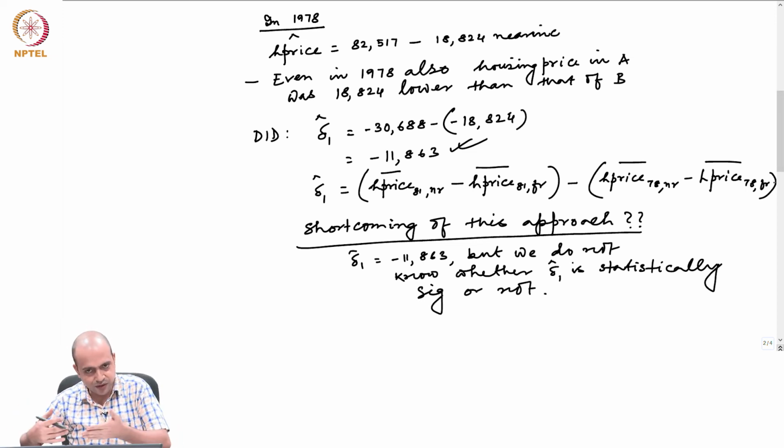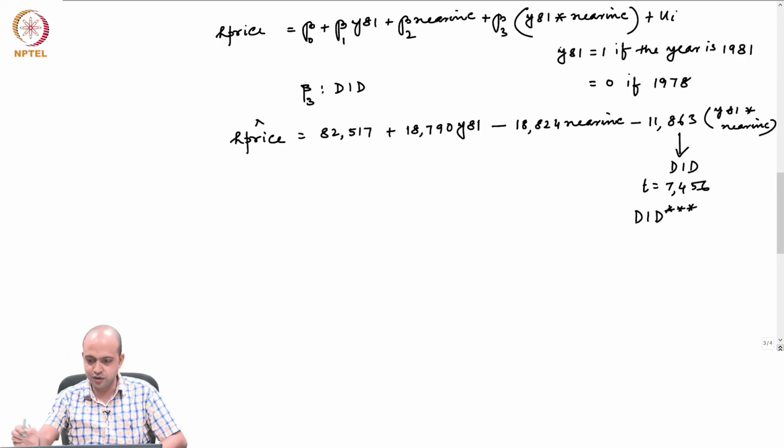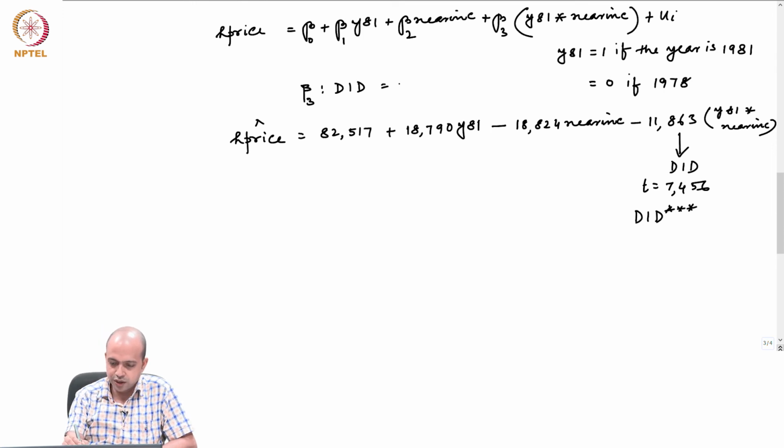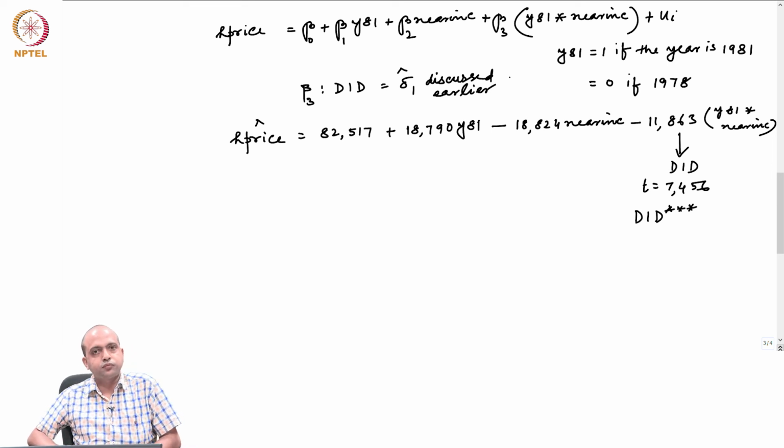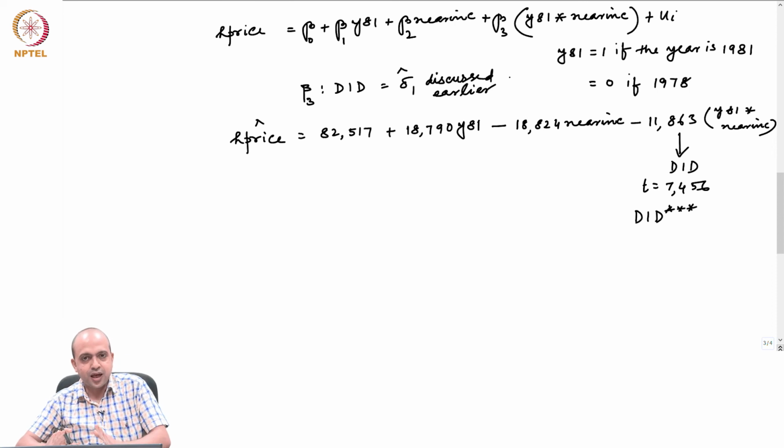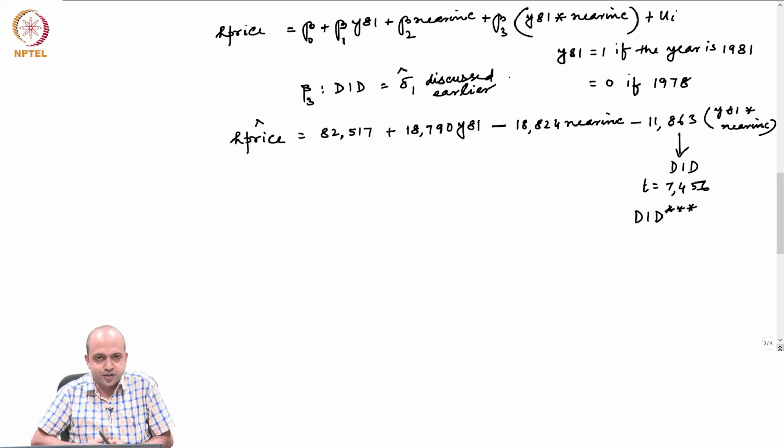Then you take the difference in difference to get this delta 1 hat. Here it is basically beta 3, equal to the delta 1 hat discussed earlier.